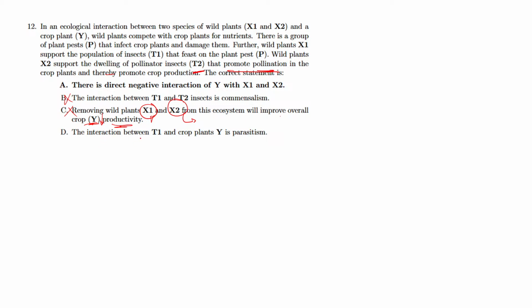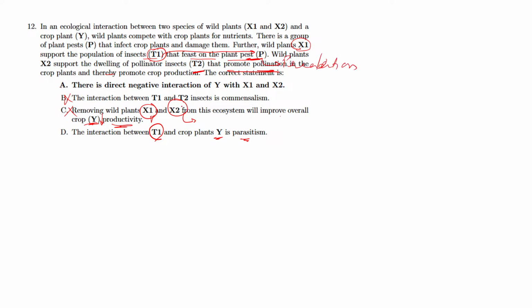The fourth option says that the interaction between T1 and crop plant Y is parasitism. So parasitism is something that is negatively impacting. So if I see T1, a further wild plant is supporting T1 that feasts on plant pest. The statement says that T1 is feasting on plant pest P, which is directly saying that these two are predation.